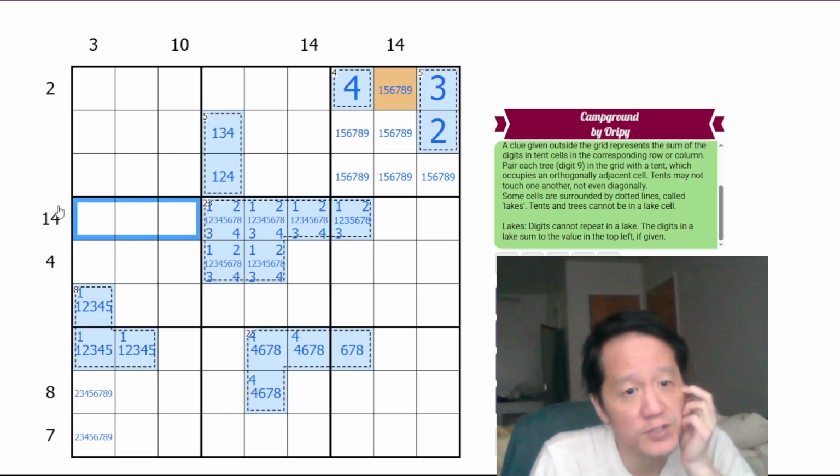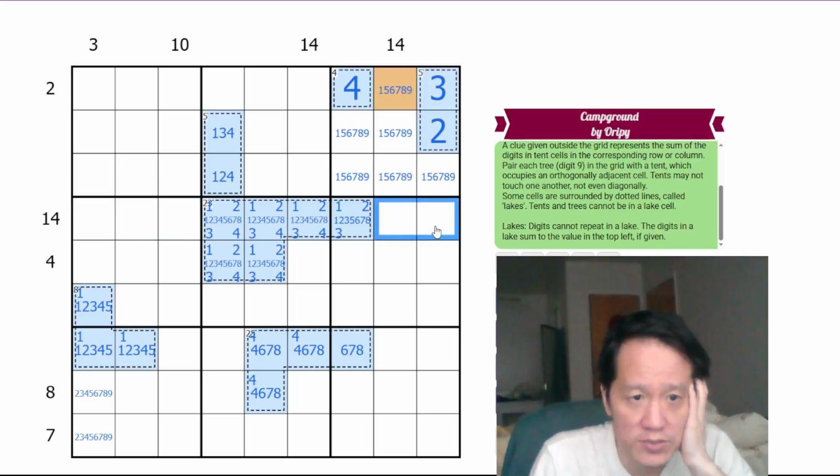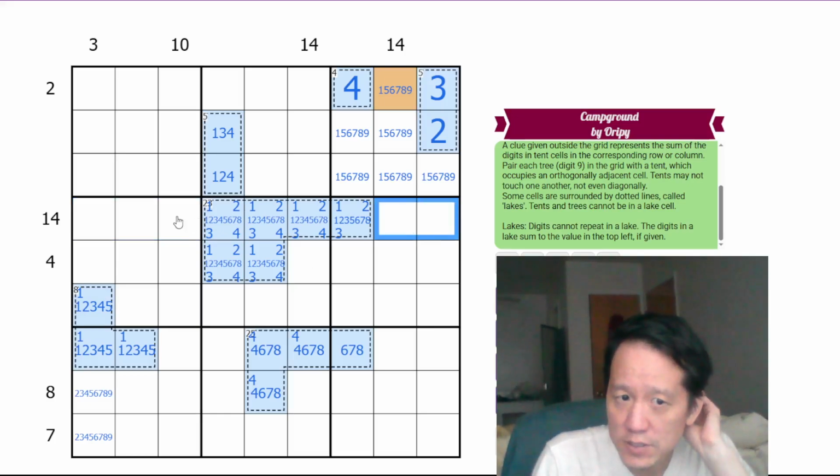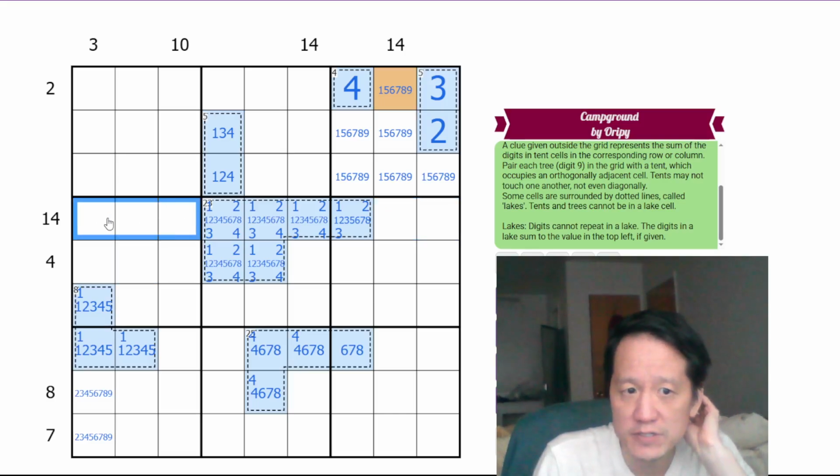Well, one of these 3 has to have a tent. One of these 2 has to have a tent. This cell sees all 3. Okay, that's not guaranteed. This cannot be a tent because it sees, but one of these 3 does have to have a tent.